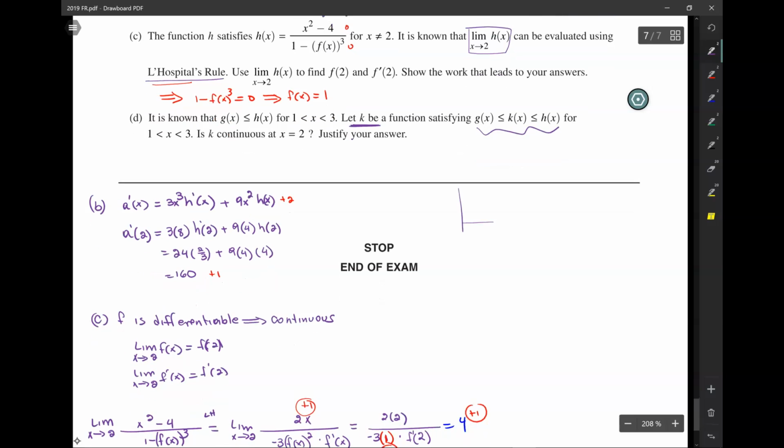So if I had g of x, h of x, k of x is in the middle here, basically, right? From 1 to 3. Is k continuous at x equals 2?